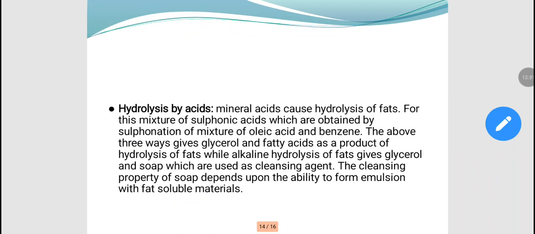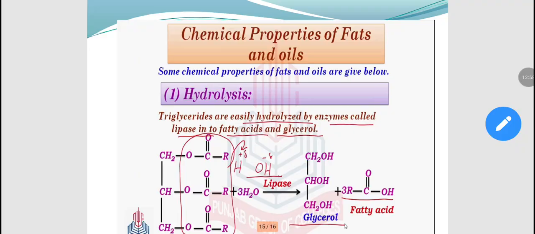Hydrolysis by acid. Mineral acid causes hydrolysis of fats. For this, a mixture of sulfonic acids, obtained by sulfonation of a mixture of oleic acid and benzene, is used. The above three ways give glycerol and fatty acids as the products of hydrolysis of fats, while alkaline hydrolysis of fats gives glycerol and soap, which are used as cleansing agents.